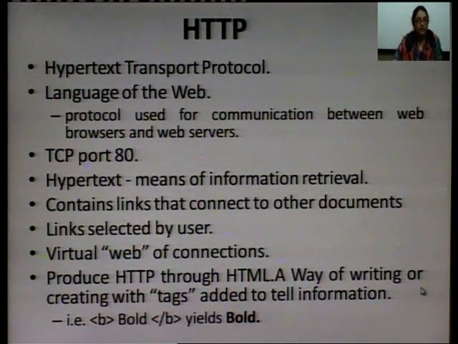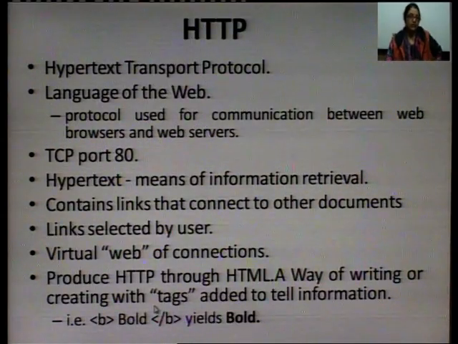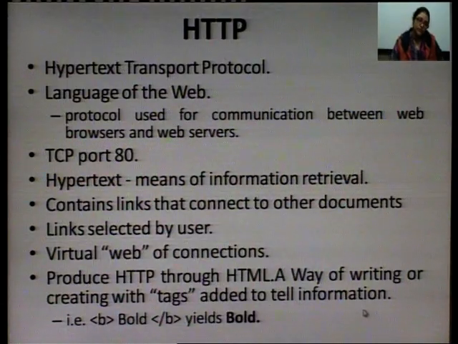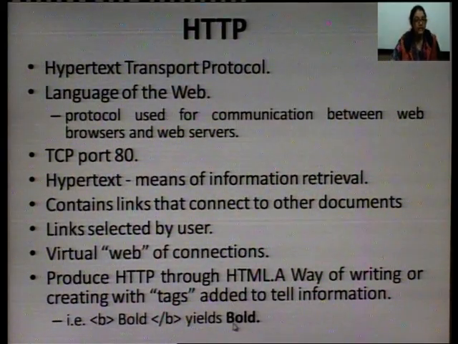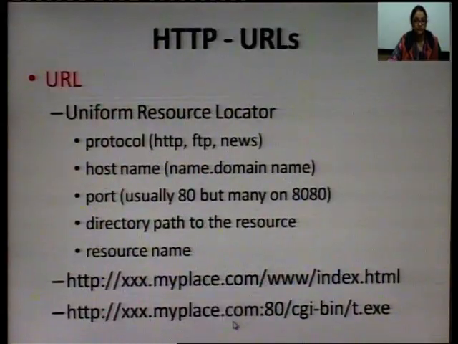It is a way of writing or creating HTTP documents with tags added to tell some information. For example, this is the tag B that indicates that the text which will be typed will be written in bold. If this is B bold /B, it will provide the output bold in bold font.